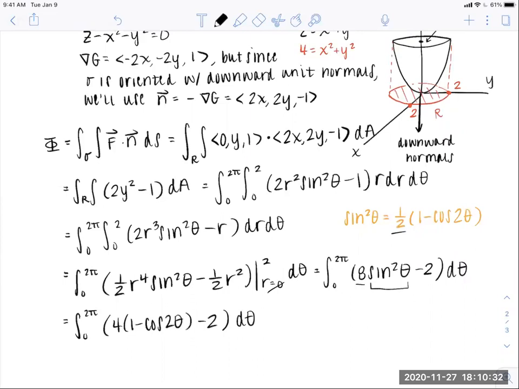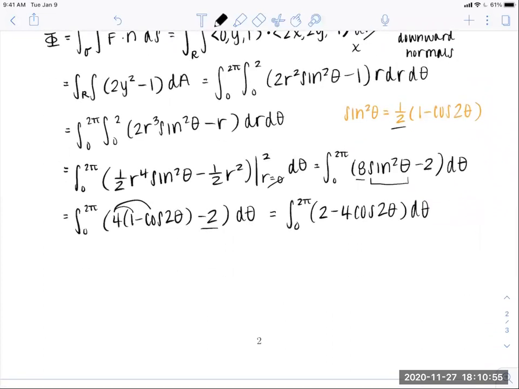And let's do some simplification here. I have a 4 times 1 minus 2 simplifies to just 2. 2 minus, and then don't forget to distribute the 4 to the cosine. So 4 cosine 2 theta d theta. All right, and now we're in business.